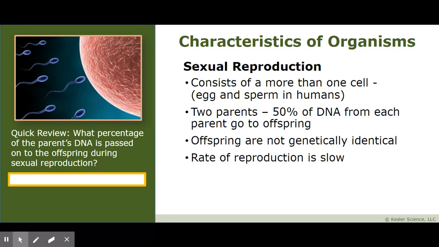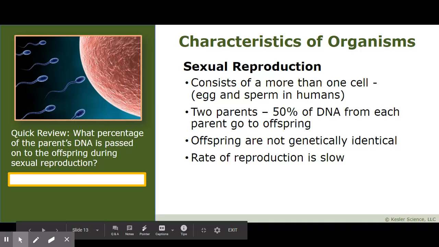Two parents means that 50% of the DNA comes from each parent that goes to the offspring. The offspring is not genetically identical. The rate of reproduction is slow. What percentage of the parent's DNA is passed on to the offspring during sexual reproduction? Look at these notes right here and tell me.